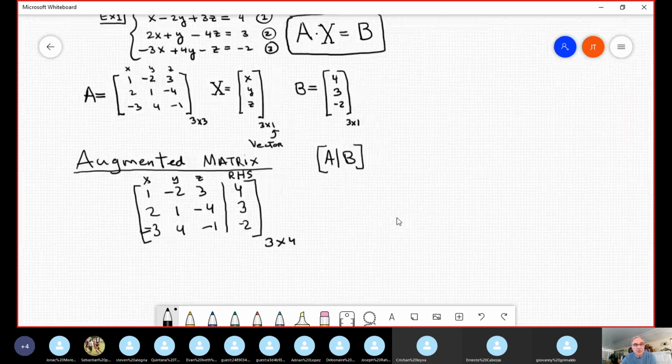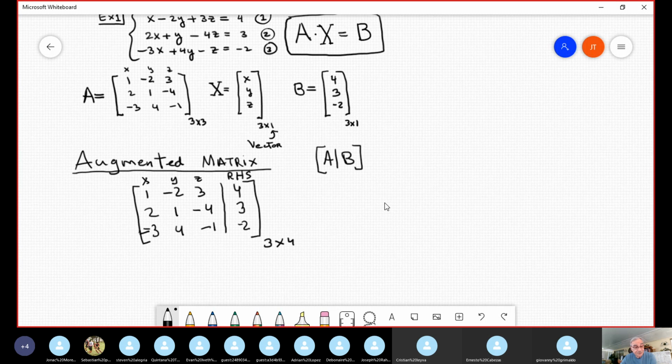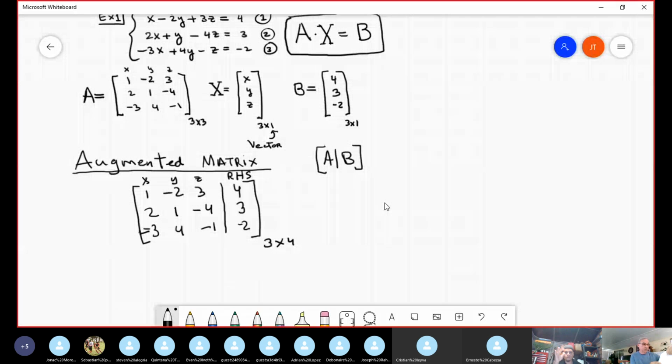The number of columns represents the unknowns. In this case, we have 3 unknowns, plus 1 extra for the right-hand side. Do you understand the idea of the matrix representation? Any questions? This is very straightforward. It's super clear.